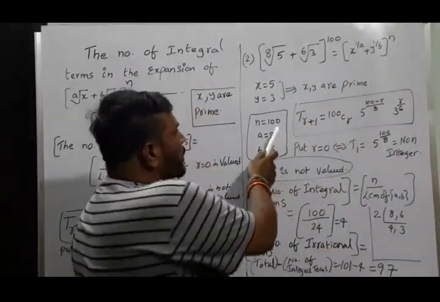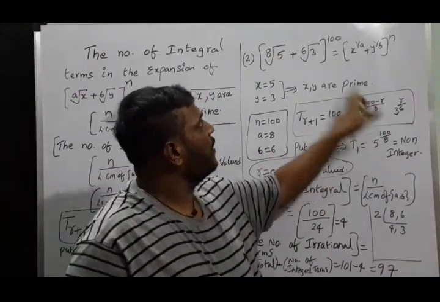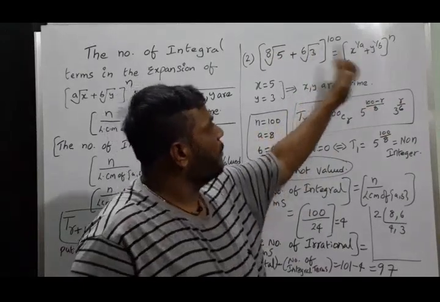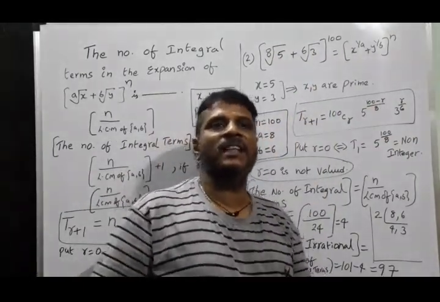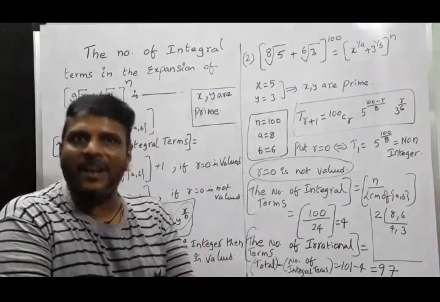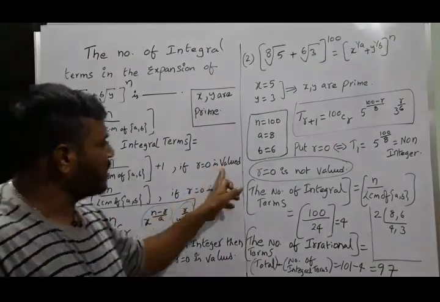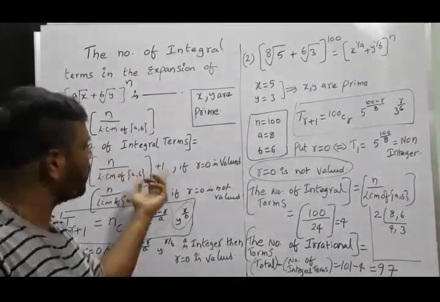Okay. Now write the general term. Tr plus 1 is equal to 100 cr, 5 power 100 minus r by 8, 3 power r by 6. This is the general term. Next you have to verify whether r is equal to 0 is valid or not valid, because here we are giving two formulas. If r is equal to 0 is valid, then step function of this number plus 1.